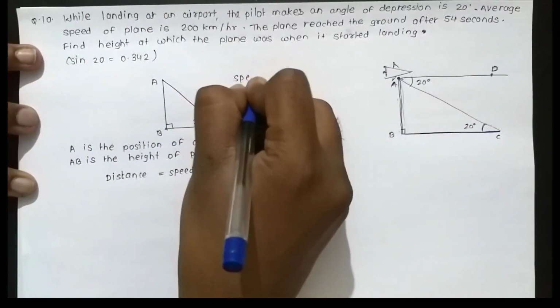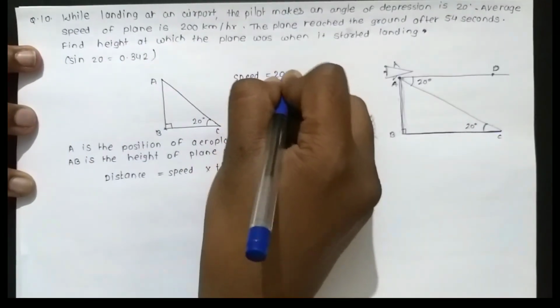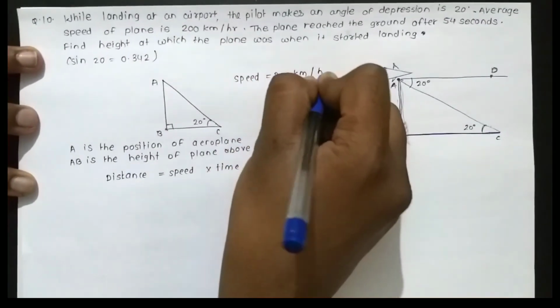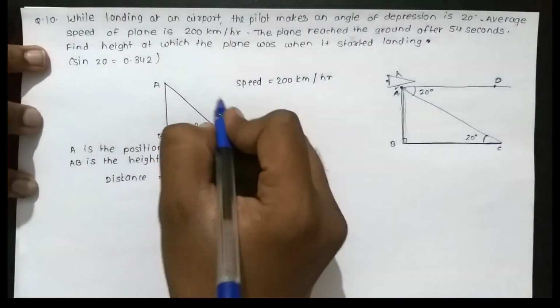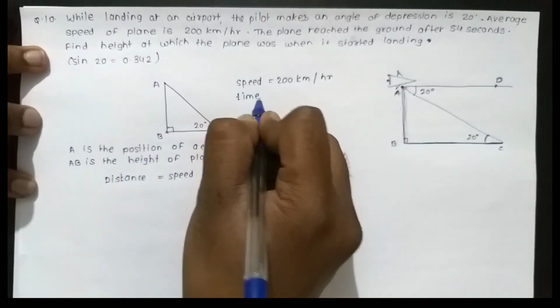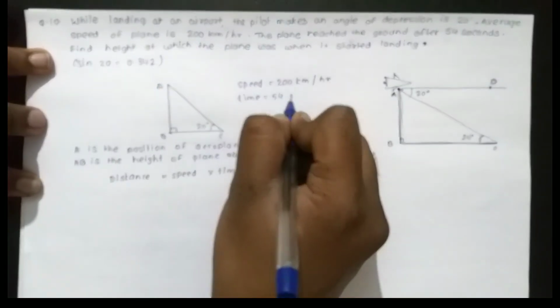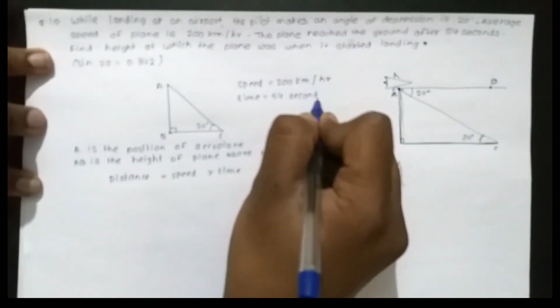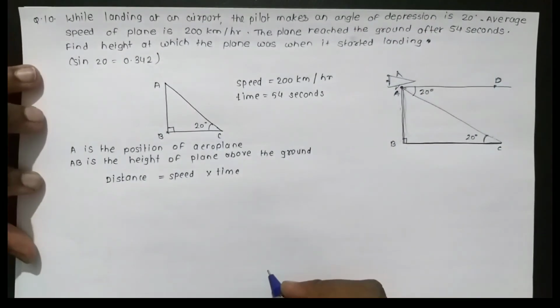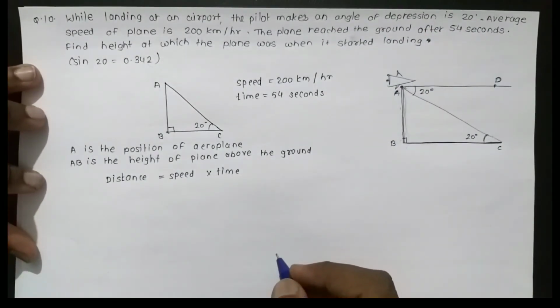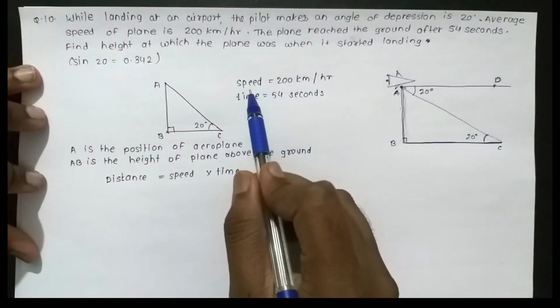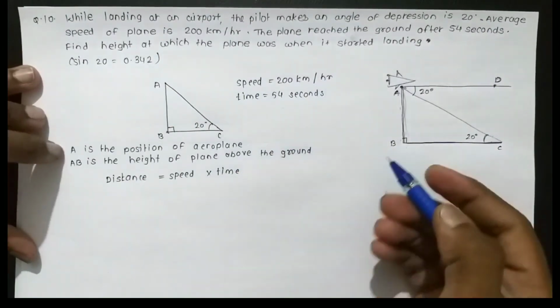Here speed is 200 km per hour and time is 54 seconds. First convert seconds to hours because speed is in kilometer per hour.